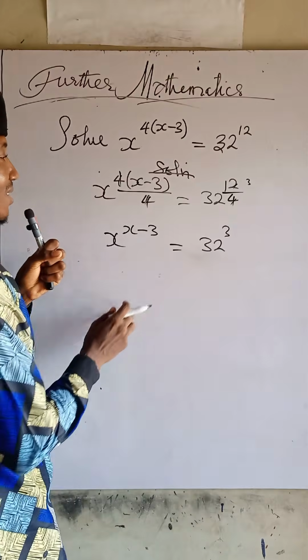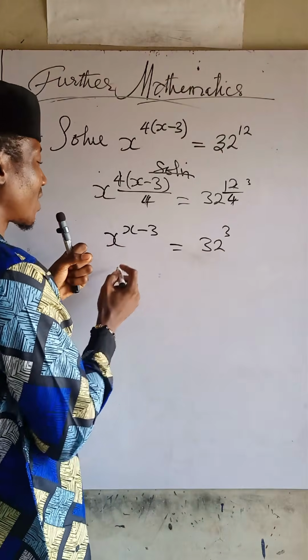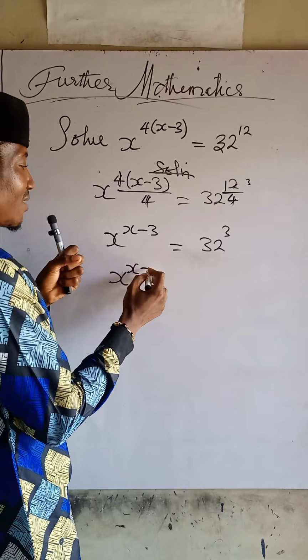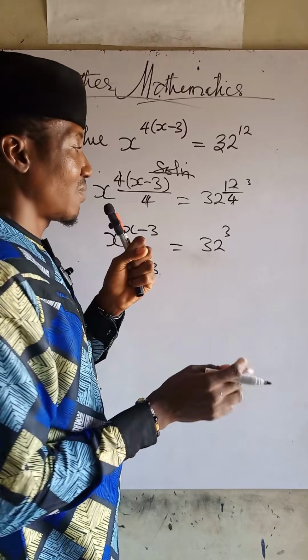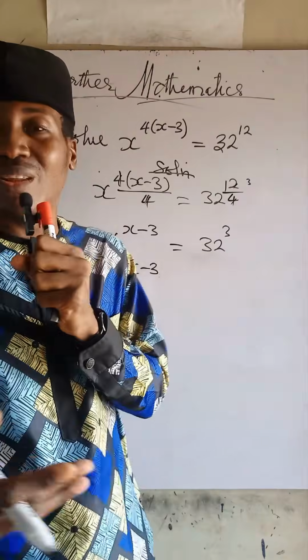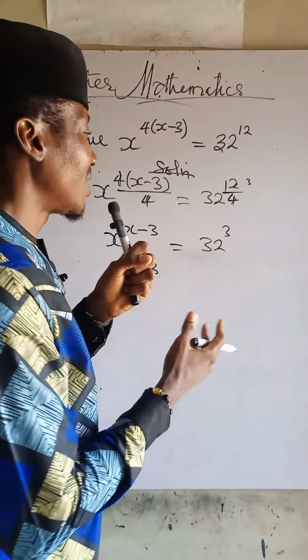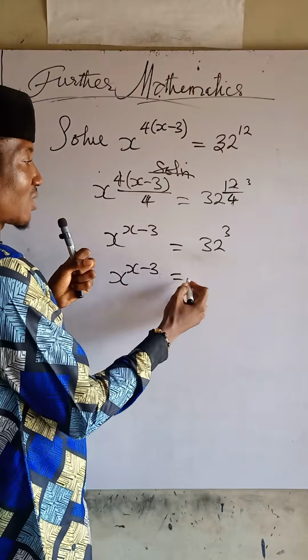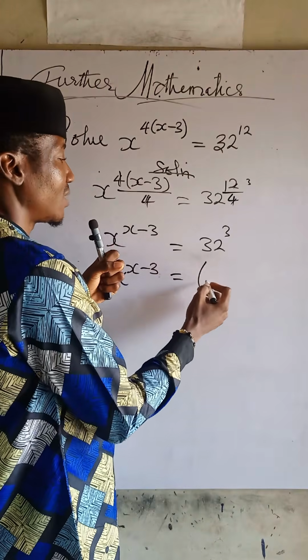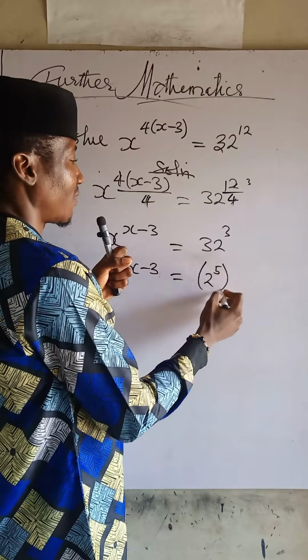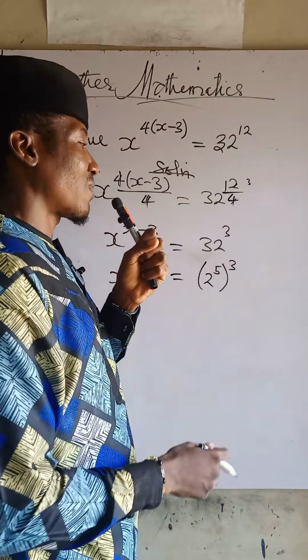But if you look at this 32, we can still break it down further. In indices, we normally convert numbers that are not in their index form into index form. So 32 is the same thing as 2 raised to the power of 5, and then there is this 3 here.